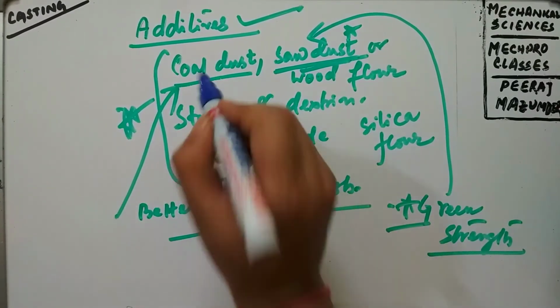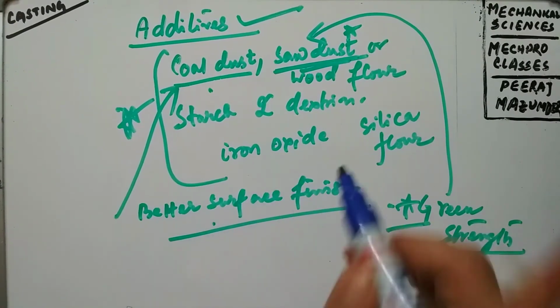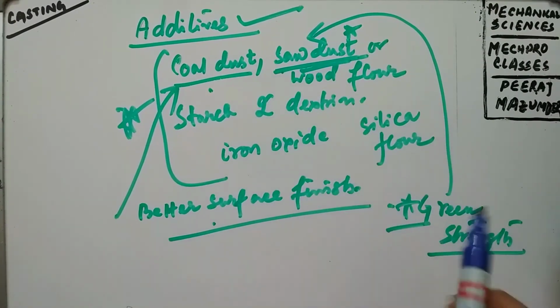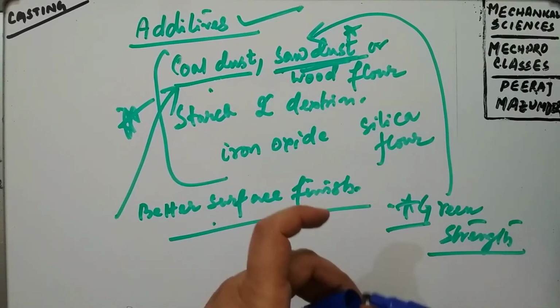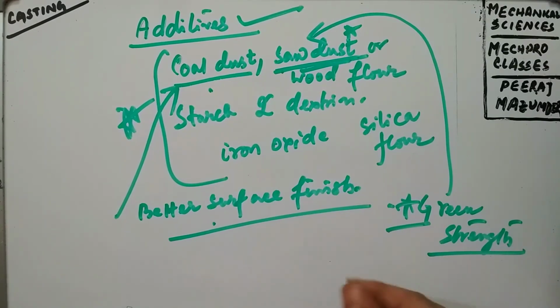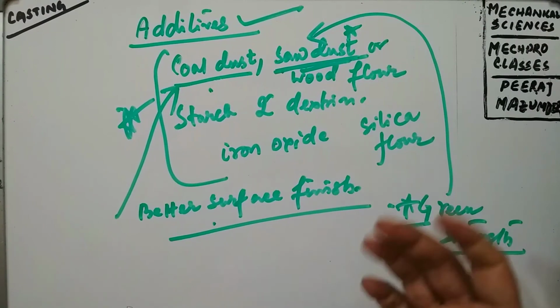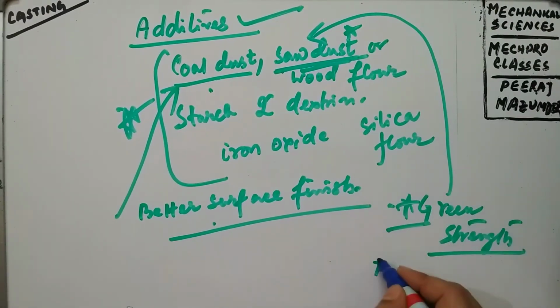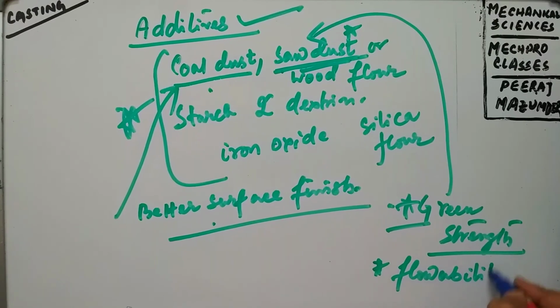Coal dust gives better surface finish, and sawdust gives good green strength. It also reduces expansion defects while improving the flowability of the molding sand, and helps maintain uniform mold density.